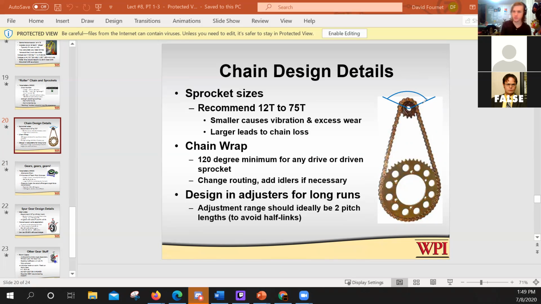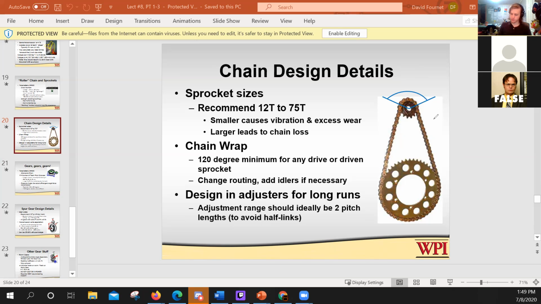But functionally, they work very similar. Another big difference is if you had two gears next to each other, they would have to rotate in opposite directions when they mesh. Sprockets don't. They rotate in the same direction because the chain is going around both, right? So those are really the only differences. The rest of the things are the same.